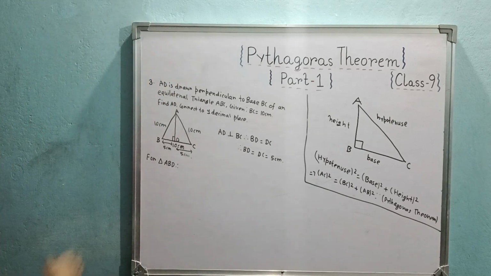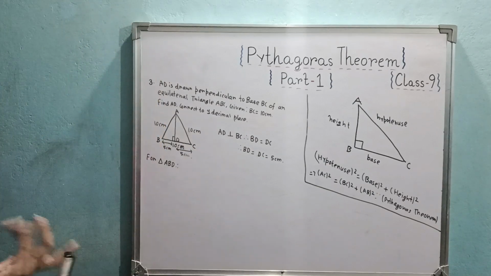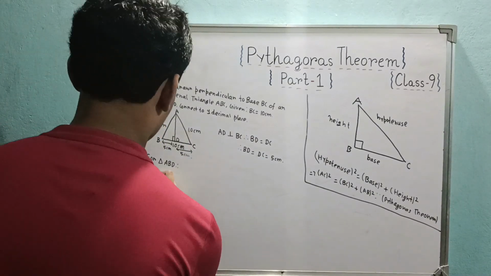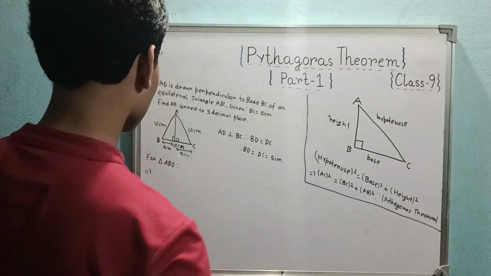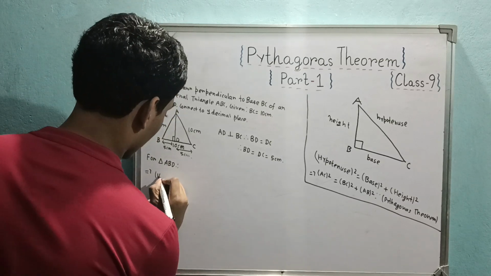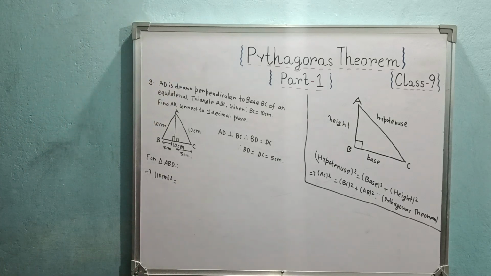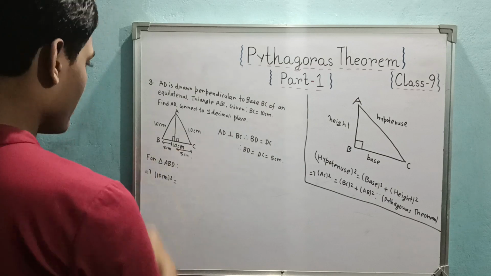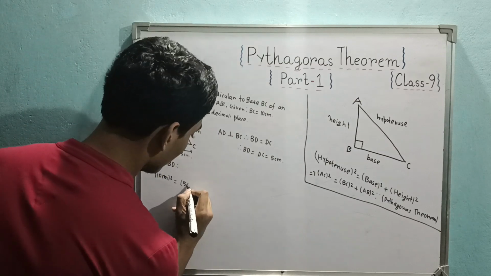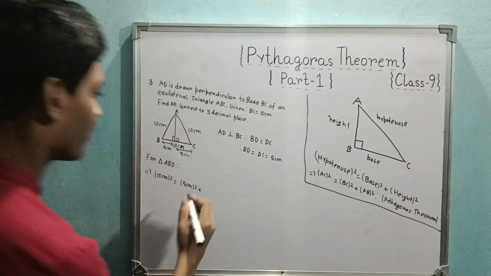What do we have here? We have the hypotenuse AB with the base BD. We have to find the height AD. Simple. Hypotenuse square, AB square, that is 10 centimeter square, equal to base square, which is BD, 5 centimeter square, plus height square or AD square.